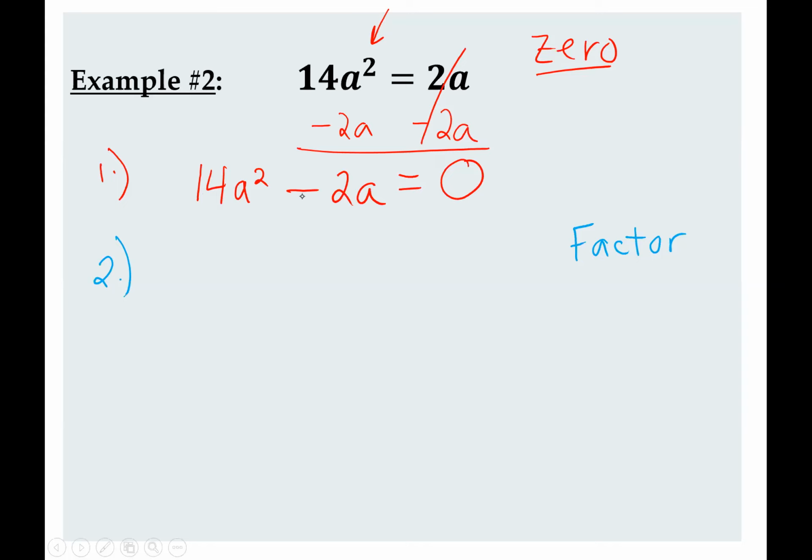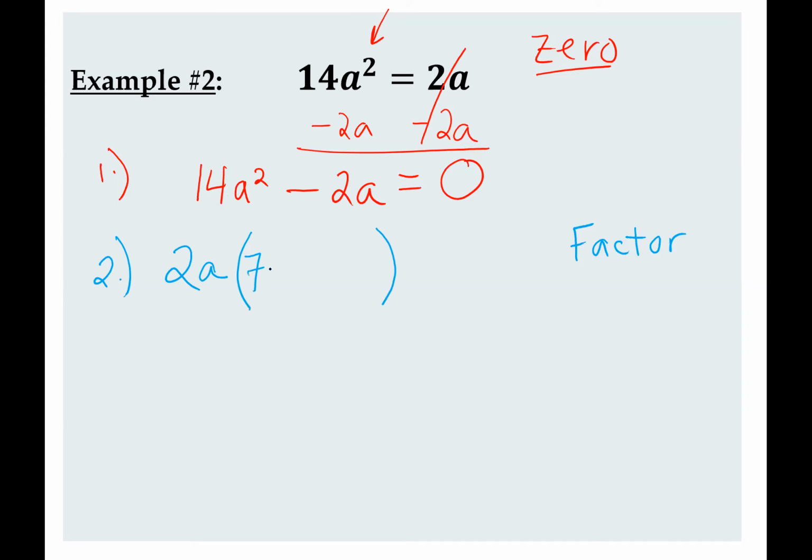14a squared minus 2a. The greatest common factor between 14 and 2 is going to be 2. And the greatest common factor between the variables is the one with the smaller exponent, which in this case is a. So I can factor out 2a. I'm writing 2a, then I'm opening up some parentheses. If I divide each of those terms by 2a, here's what I would have left in the parentheses. 14 divided by 2 is 7.